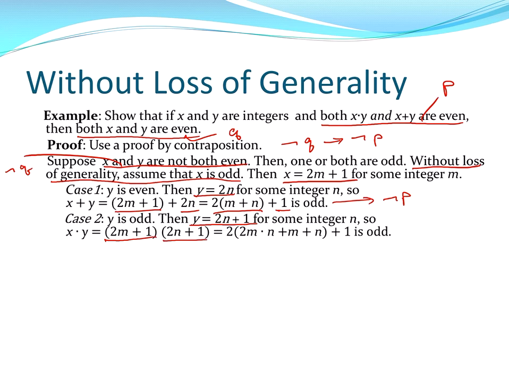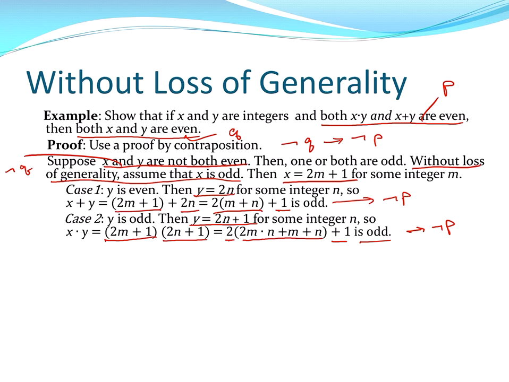If I multiply those together, I get 2 times an integer, 2 times the quantity mn plus m plus n. Then that result plus 1 is the product. That meets the definition of odd, and that also shows that you get the negation of P in case 2.